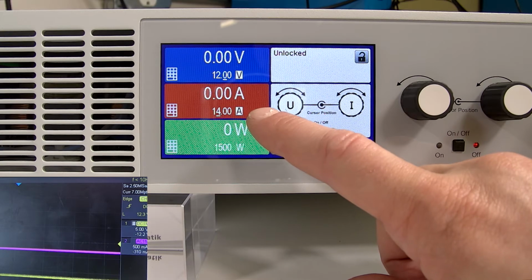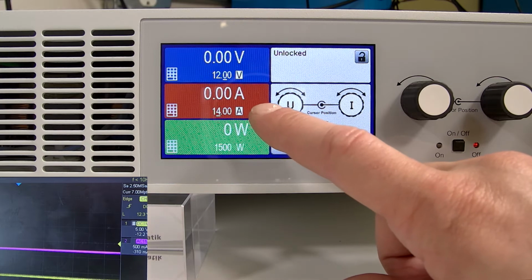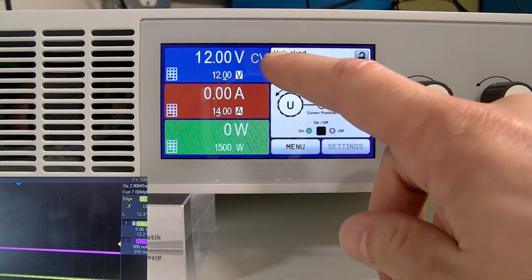In fact, 14 amps is just under the value that might be too much for our circuit. So it's really meant to protect the circuit, not to determine how much current is going into your load. If I turn on the power supply, we've now got 12 volts.